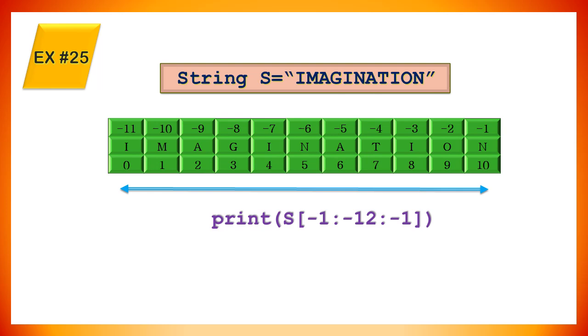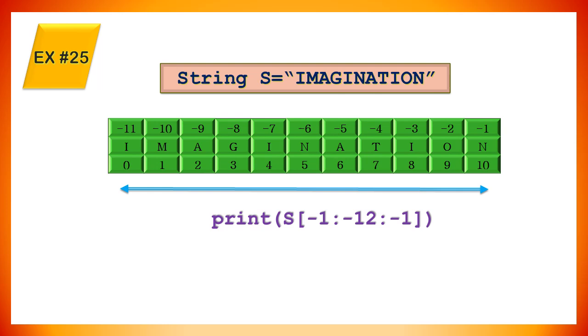Here also the step value is negative, so the selection process will start from right to left. Now see, the end index has been provided as minus 12. So minus 12 plus 1 is what? Minus 11. So from the minus 1st index till the minus 11th index, that means till the first index, that is the 0th index, characters will be extracted. Now see, the step value is minus 1. Minus 1 means all the characters will be generated, but from the right hand side to the left hand side.